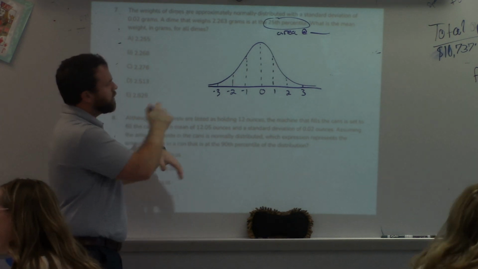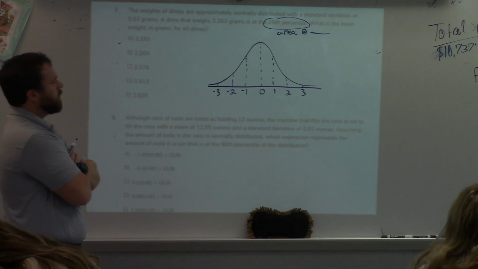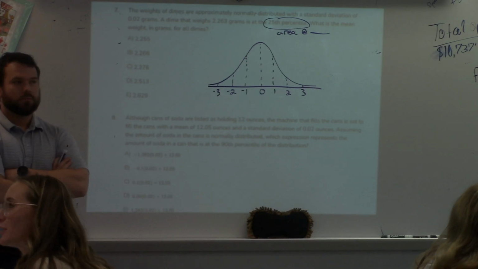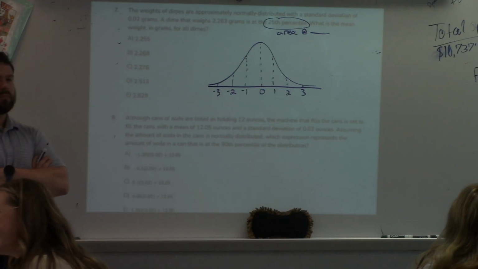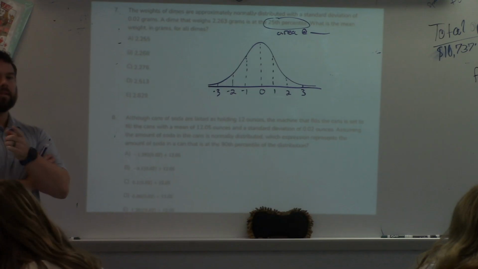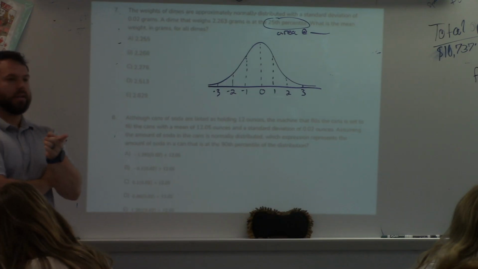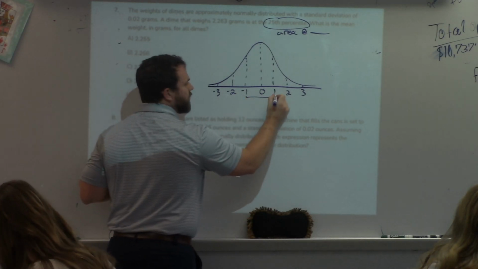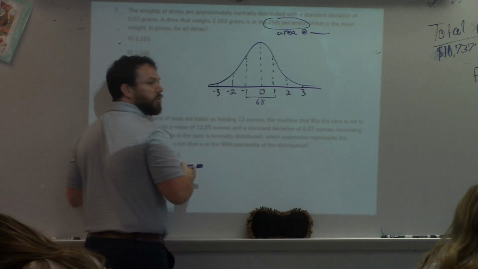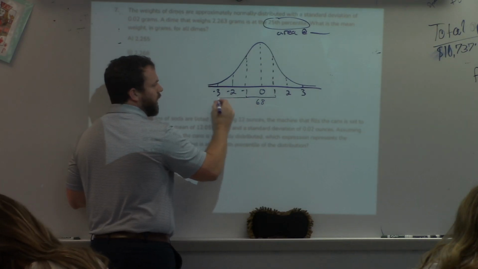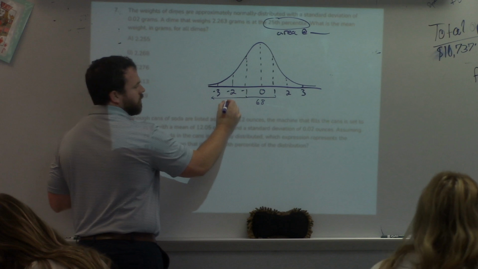Does anyone know approximately where the 25th percentile might be on this normal distribution? Between 0 and -1. So this is where the empirical rule is really useful and we want to pay attention to it. 68% of my data is right here, right? So then what is to the left of 1 below?